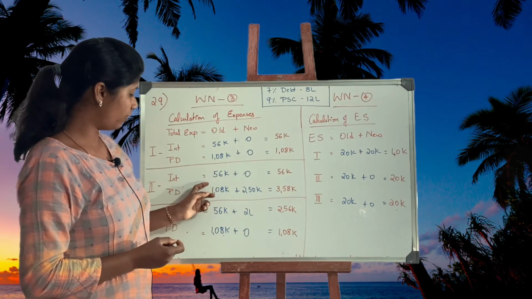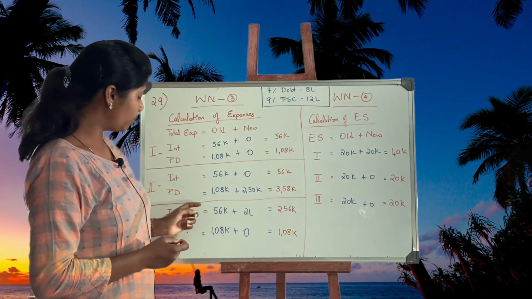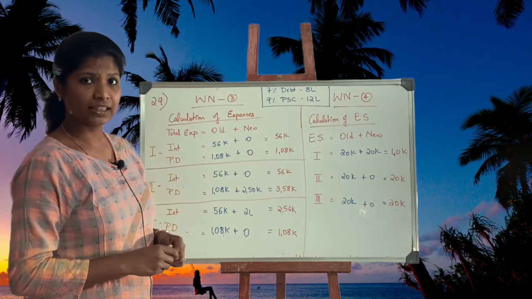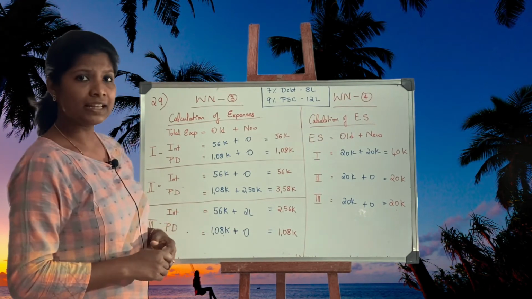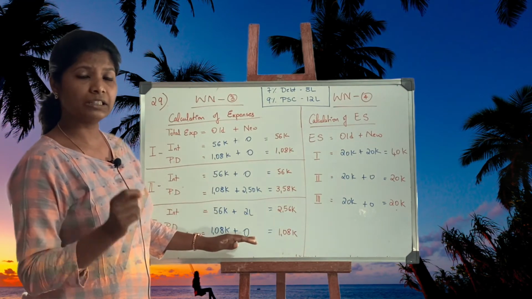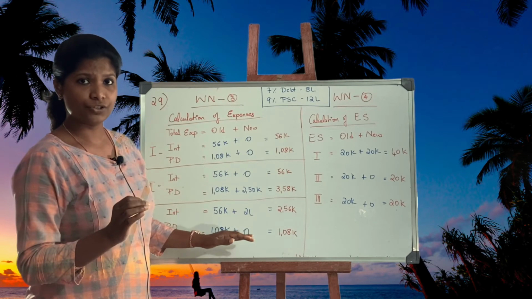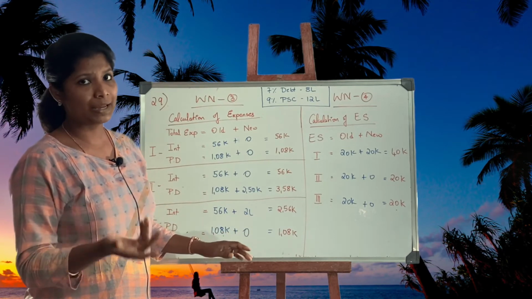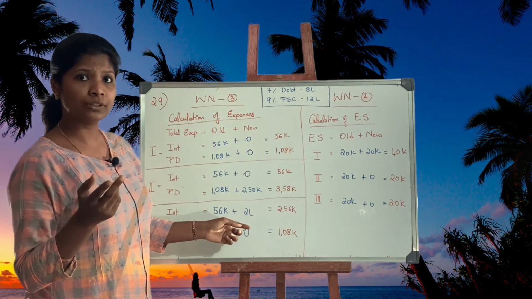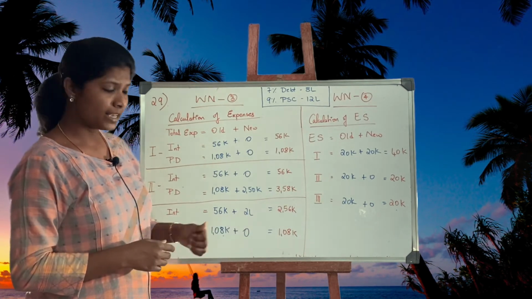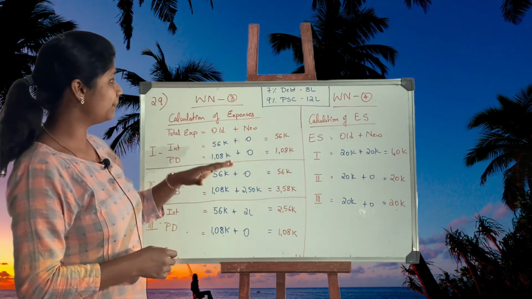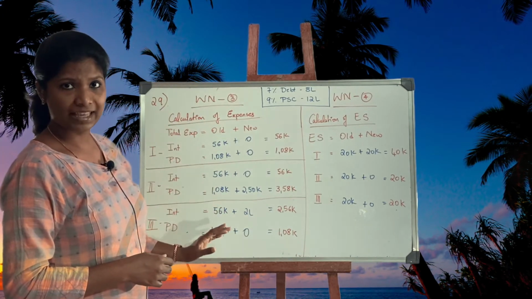So the total of interest is 56,000. Adding the total of preference dividend, I arrive at 3,58,000. The existing will remain common. The third plan is raising by debenture capital, where I have to pay interest. So that is 8% on 25 lakh rupees, according to working note number 2, is 2 lakh rupees. So I'm going to total it up, 2,50,000 and 1,08,000. So this completes your calculation of expenses.